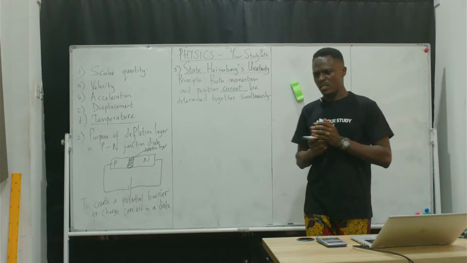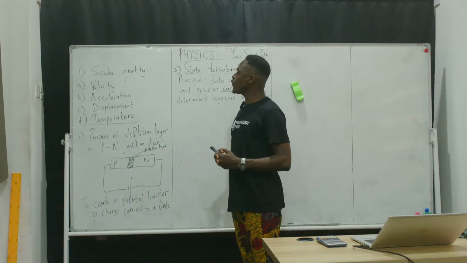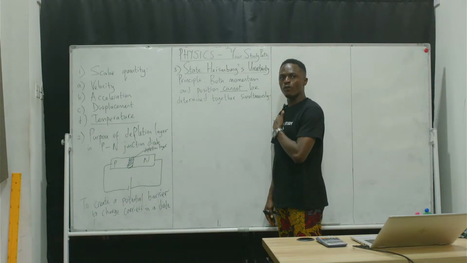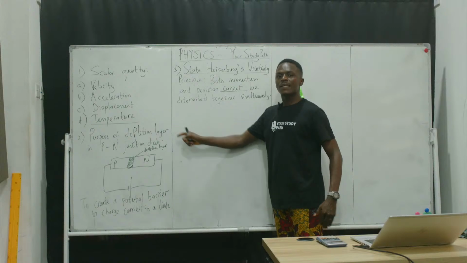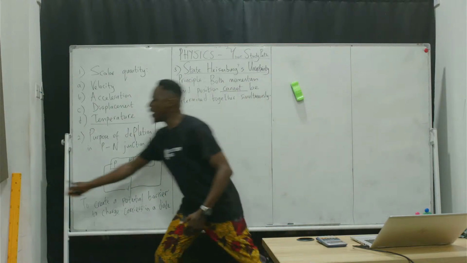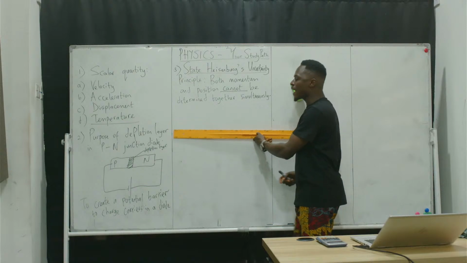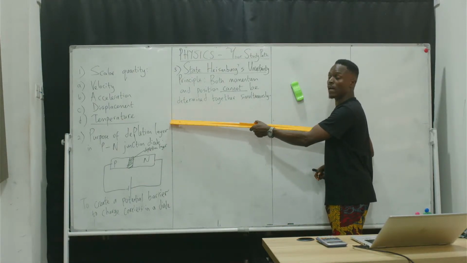You can't measure it. Okay, it's practical. Imagine me being here. It's easy for me to say that the distance between myself as a person and this line here can be measured easily by making use of a meter rule, for example. I can determine my position away from this particular line.